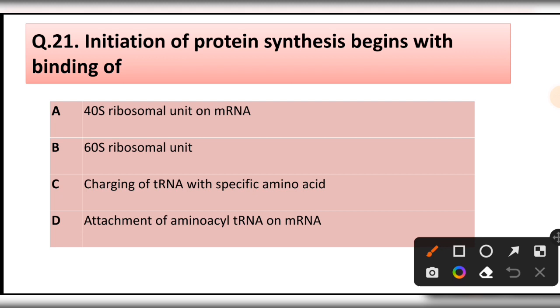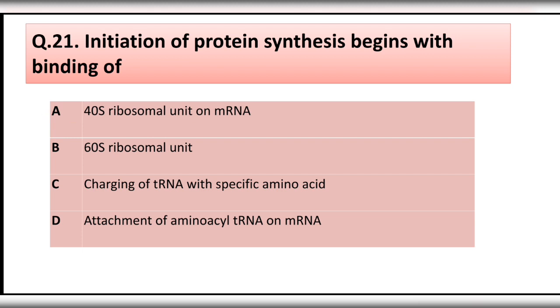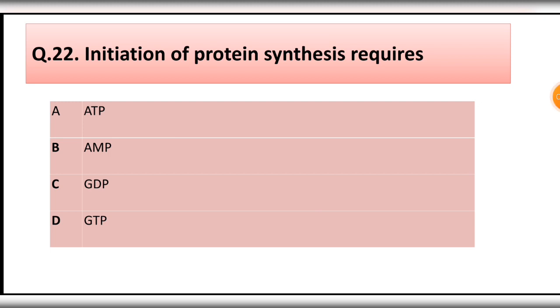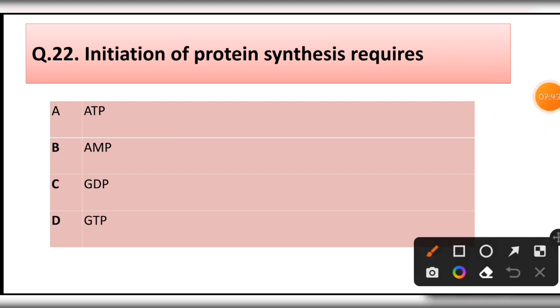Initiation of protein synthesis begins with binding of 40S ribosomal unit on mRNA, 60S ribosomal unit, charging of tRNA with specific amino acid, attachment of amino acid tRNA on mRNA. Correct answer is option A, 40S ribosomal unit on mRNA. 22. Initiation of protein synthesis requires. Correct answer is option D, GTP.